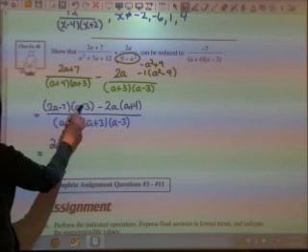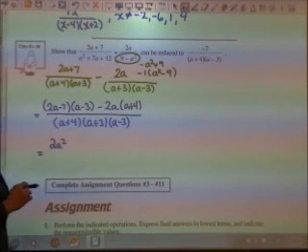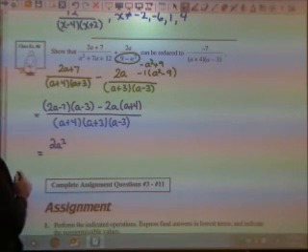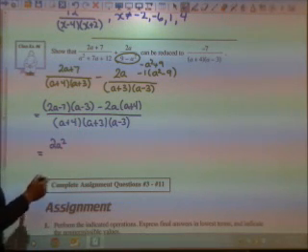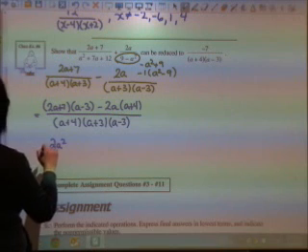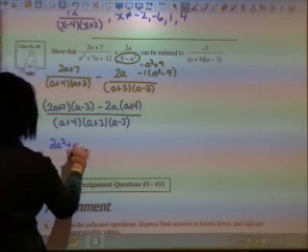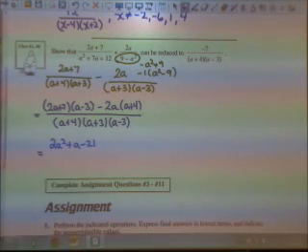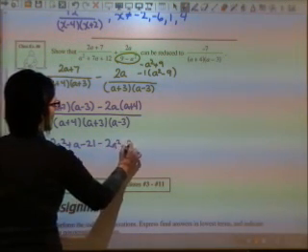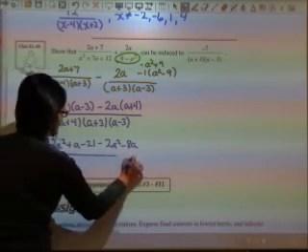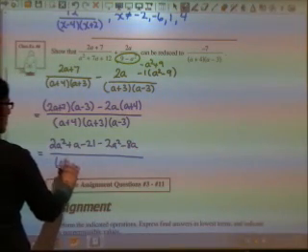Because I would get minus 13a. Would it be? Or did I write that wrong? Oh, isn't it plus 7? Oh yeah, that would be why. Okay, that makes more sense. Okay, so 2a squared plus a minus 21 minus 2a squared minus 8a all over all of this stuff.